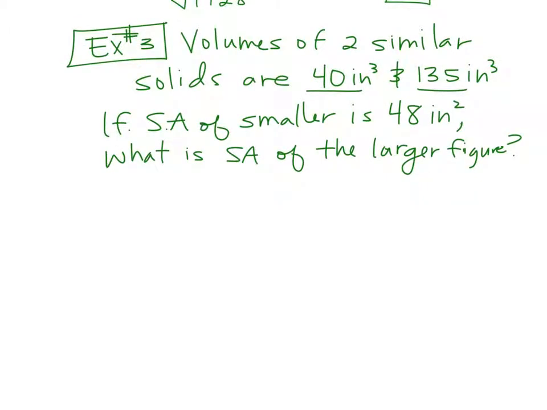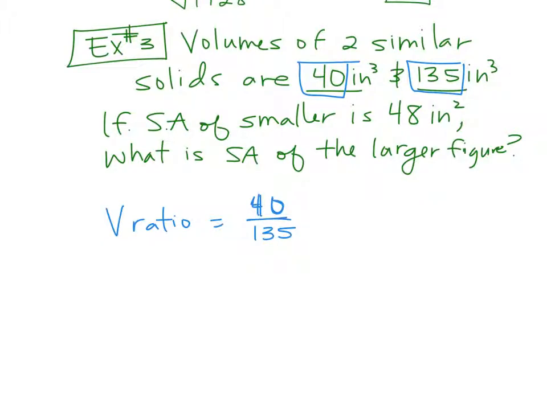That means our volume ratio is just taking those two volumes and making them a ratio. So for a volume ratio, we have 40 to 135. Okay, those are our two volumes. But now here's the deal. We said you have to do what with these before you cube root?